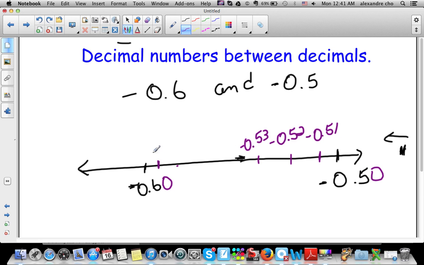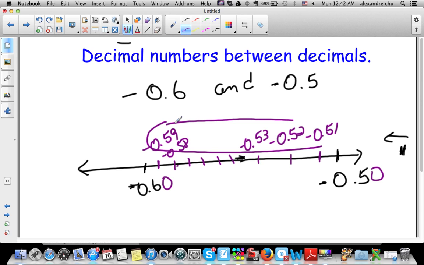Obviously, one number here behind would be negative 0.59. This would have been negative 0.58, and 57, 56, 55, 54, and so forth. So numbers between negative 0.60 and negative 0.50 are all these numbers over here. Okay. Let's do one more.